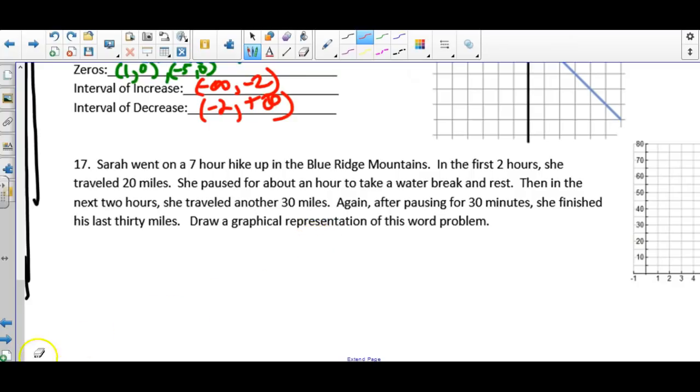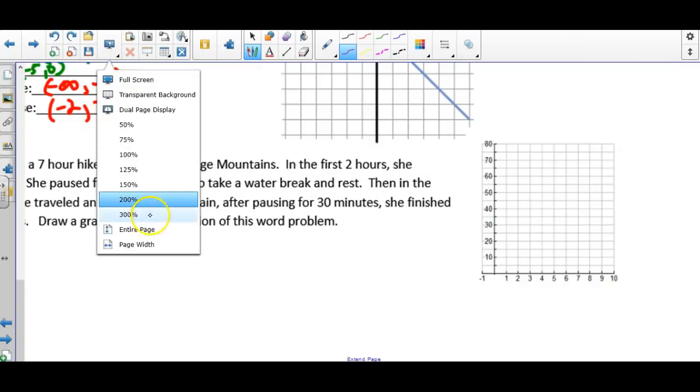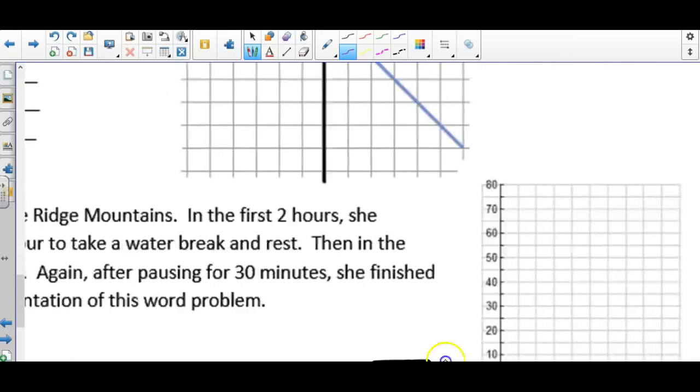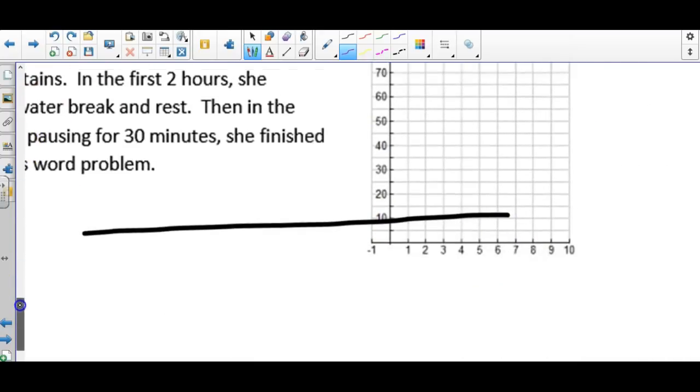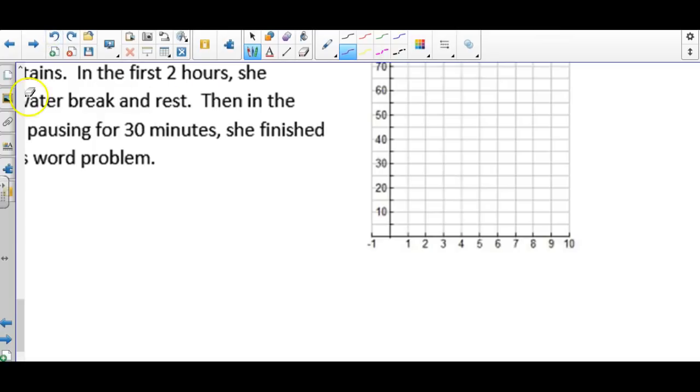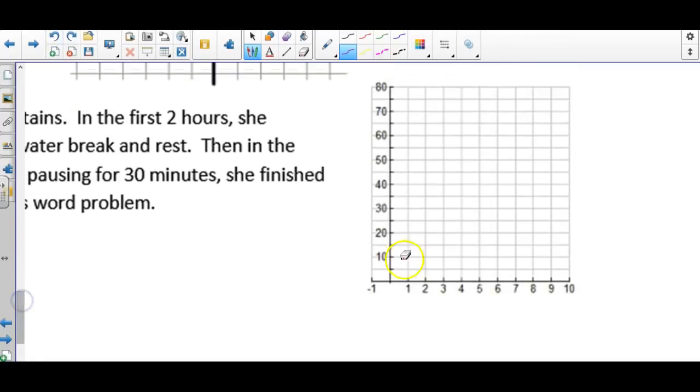So let's look at this. I think this is straightforward. Let's take a look at our graph. This is miles, and this is time, in hours.